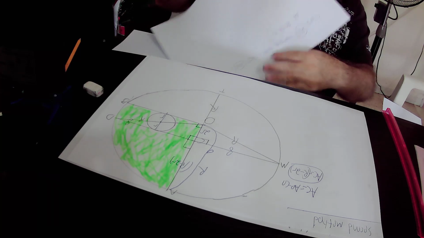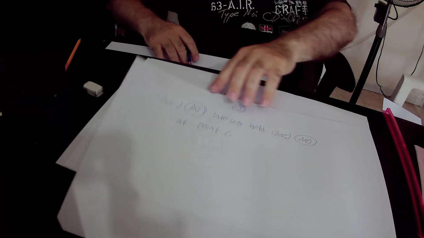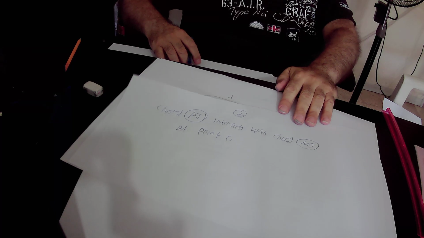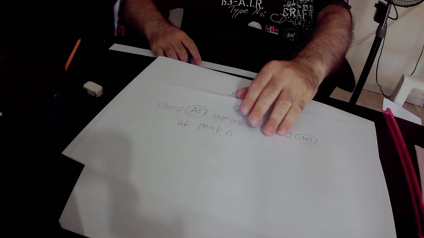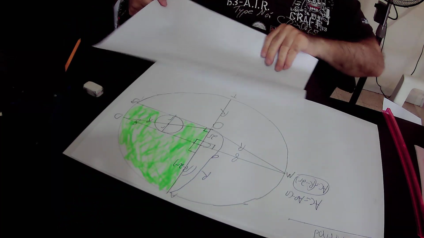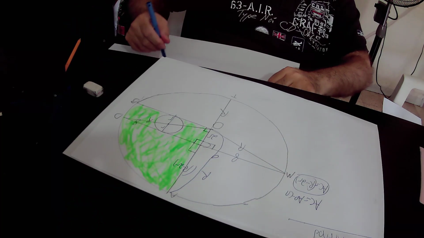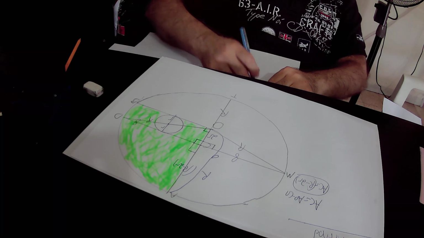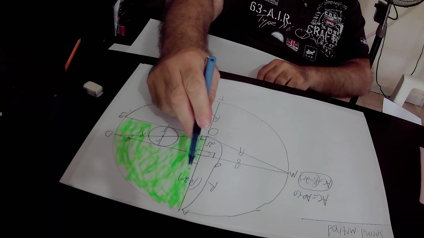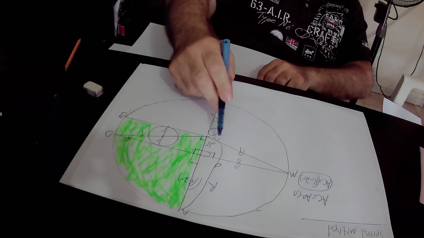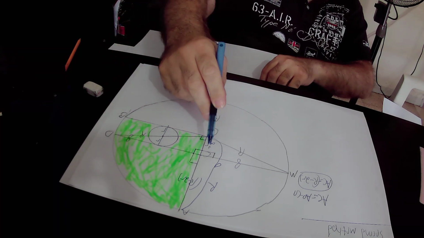Chord AT intersects with chord MD at point C. Therefore, according to rule number 11, we get that MC times CD equals AC times CT.